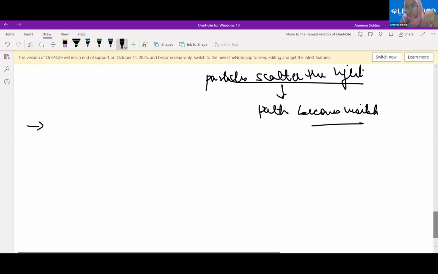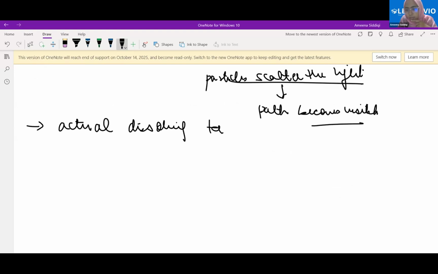In the case of homogeneous mixtures, which are solutions, actual dissolving takes place. Why am I saying actual dissolving? Because if the particle size is smaller, let's understand this. These are the water molecules.